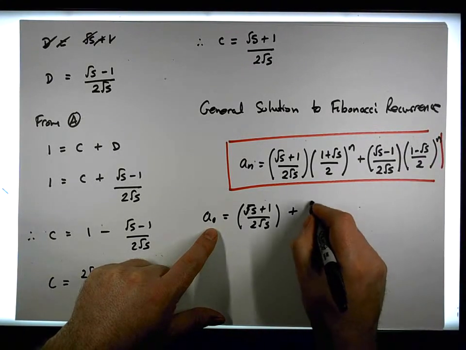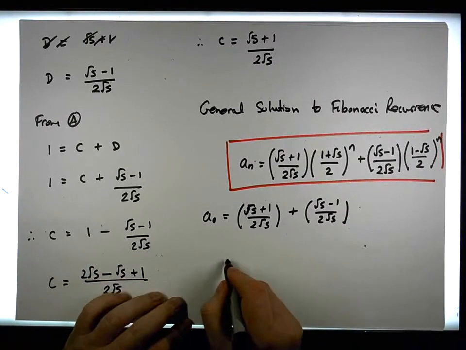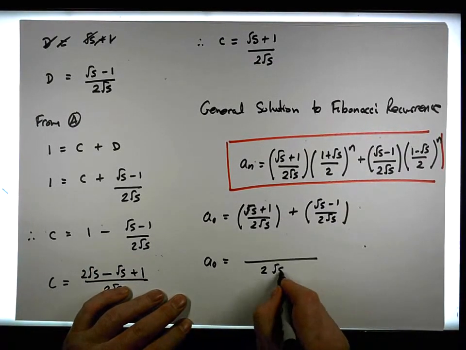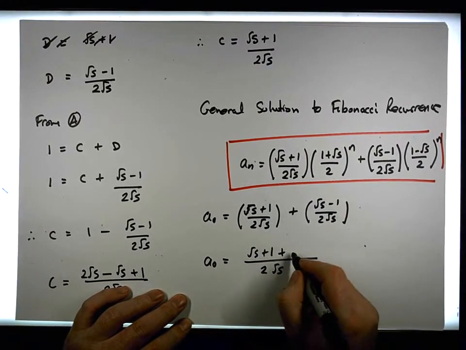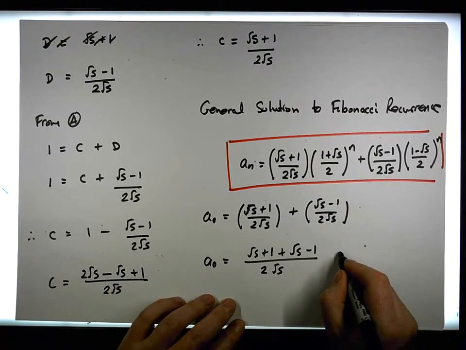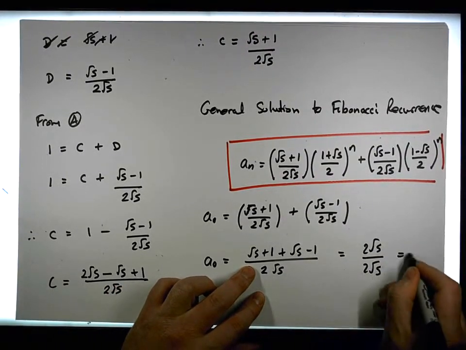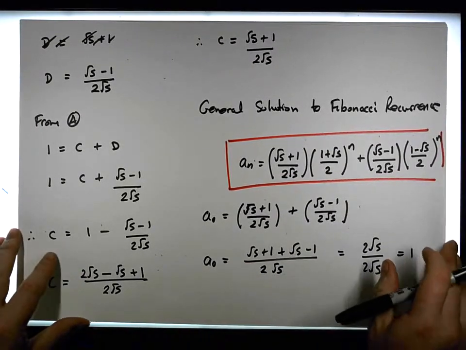So this leaves us with root 5 minus 1 over 2 root 5. And this becomes A0, with 2 root 5 as the denominator, root 5 plus 1 plus root 5 minus 1. What does that give us? That gives us 2 root 5 over 2 root 5, which is equal to 1. So we know it works for the first term in the sequence at index 0.